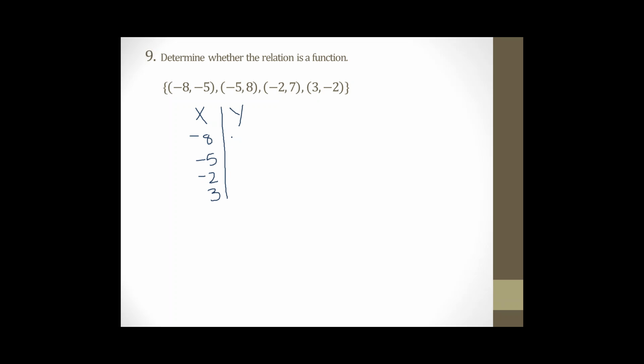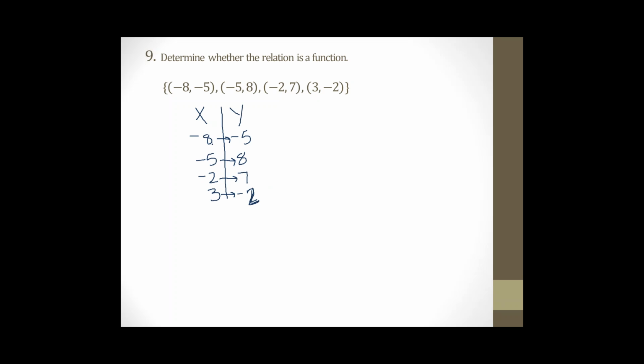And our y values are negative 5, 8, 7, and negative 2. So let's look at how they connect. So negative 8 goes to negative 5. Negative 5's y is 8. Negative 2's y is 7. And 3's y is negative 2.